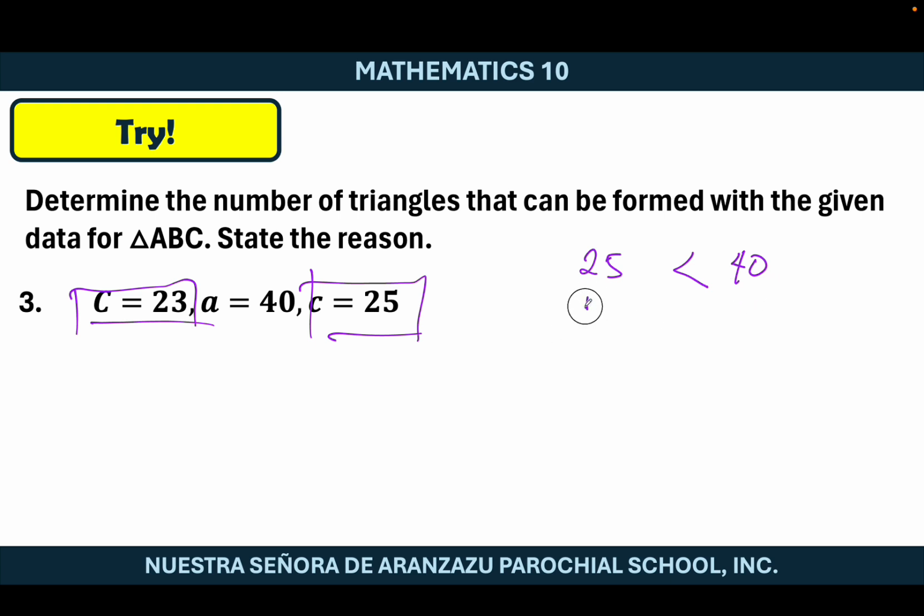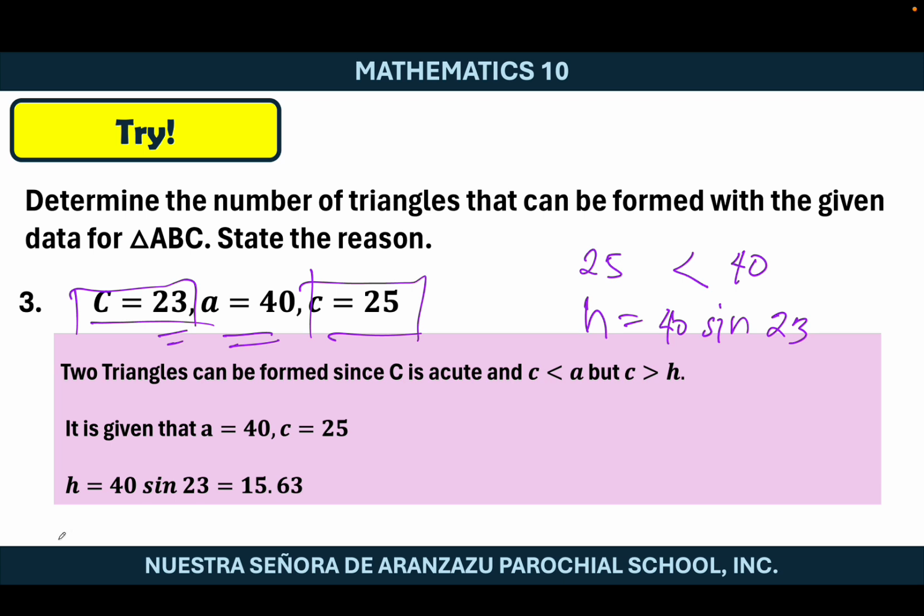So now you have to find the height. How will you get the height? The other side. This is 40. Sine, the given angle. This is 23. When you calculate 40 sine 23, you will arrive at the value of the height, which is 15.63.